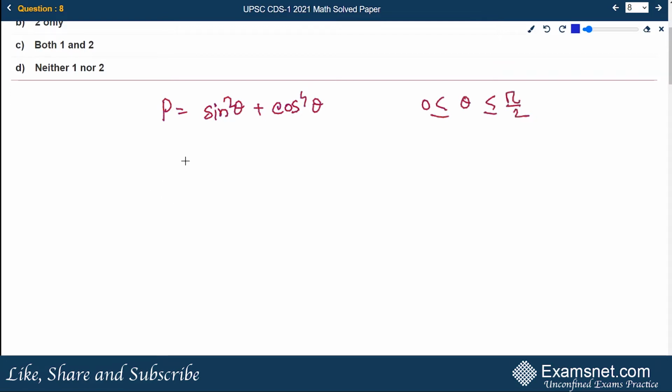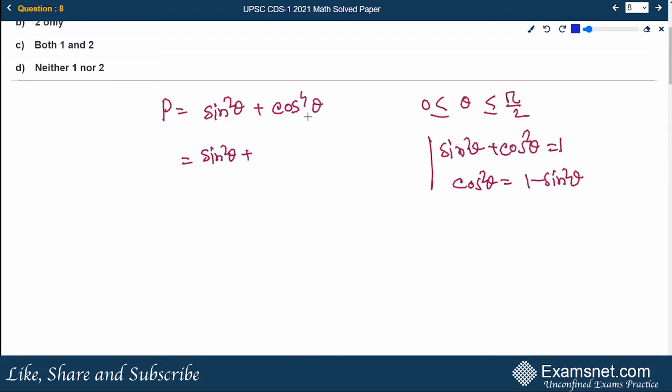We can further simplify it. Look, sine square theta plus, now we know from the standard identity that sine square theta plus cos square theta equals 1. So cos square theta means 1 minus sine square theta. So here this cos to the power 4 theta can be written as cos square theta whole square, so 1 minus sine square theta whole square.